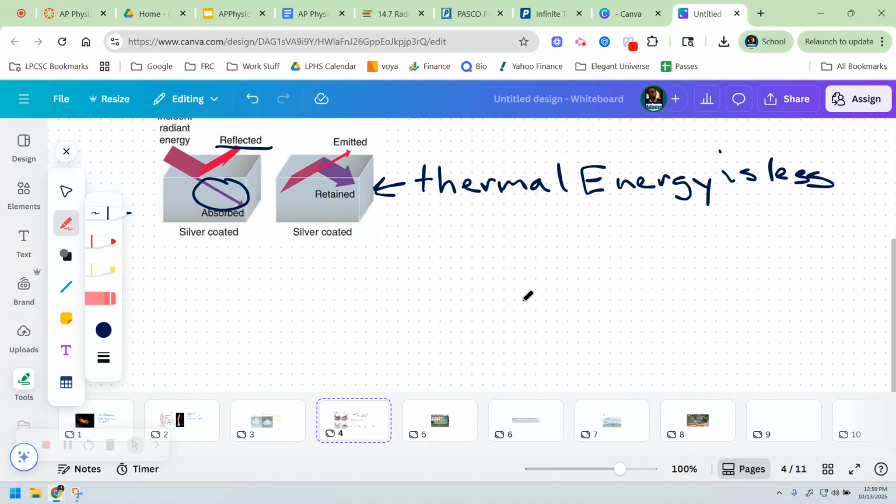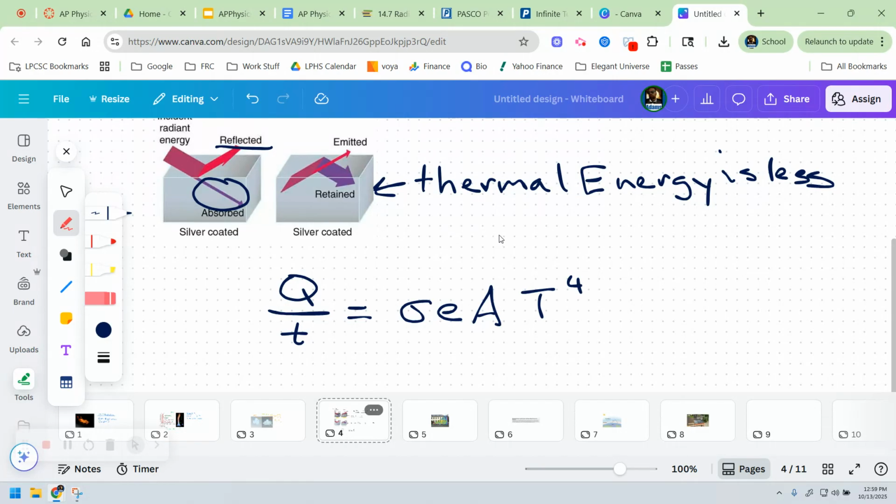So an important thing to remember is that if I have the heat energy, which is energy over time, here's a new equation that is equal to sigma E A T to the fourth.